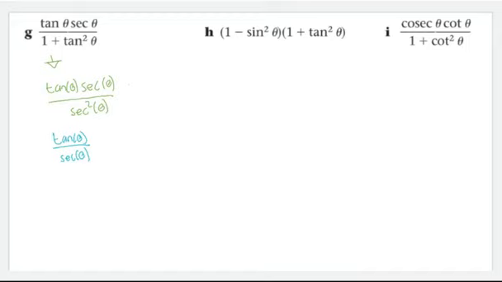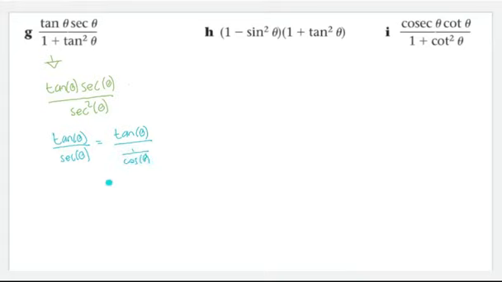Oh, actually, wait, no, I lied. You can actually simplify this a bit more. Change sec theta to 1 over cos theta, and then you do the flipping thing. So this becomes tan theta divided by 1 over cos theta.